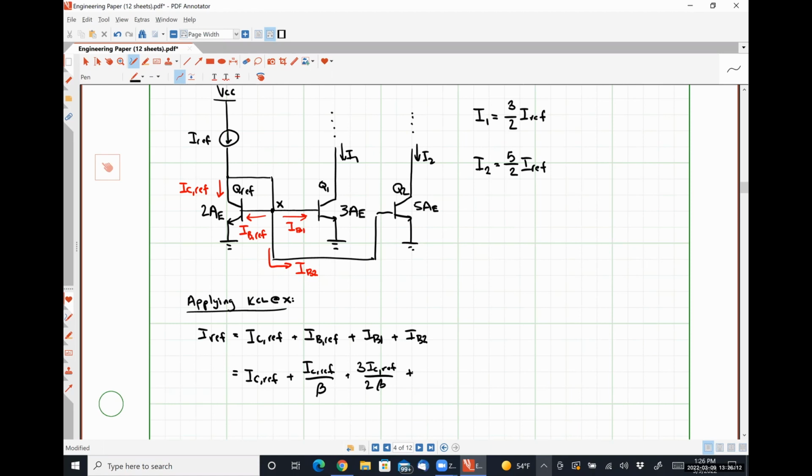And similarly, IB2 should be 5 ICREF over twice beta.